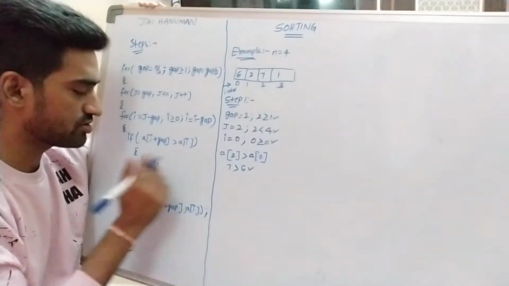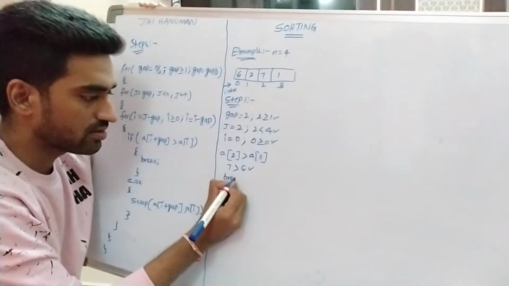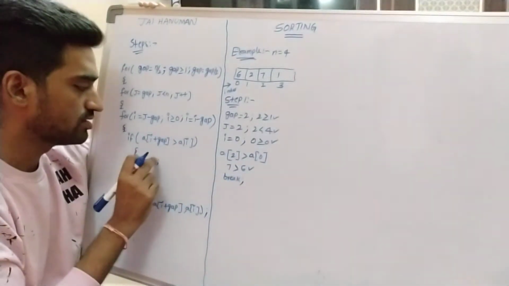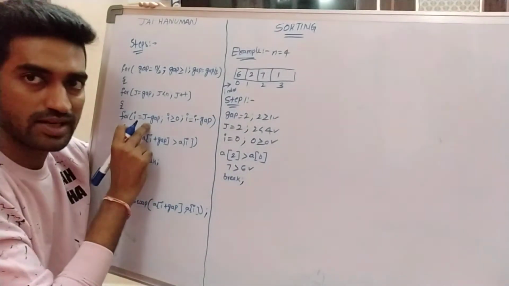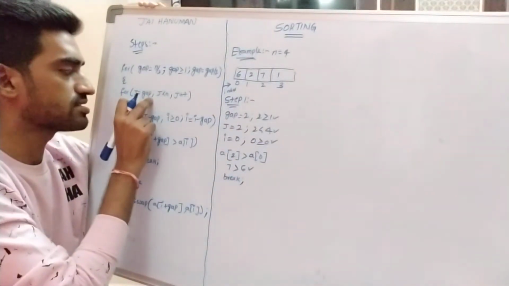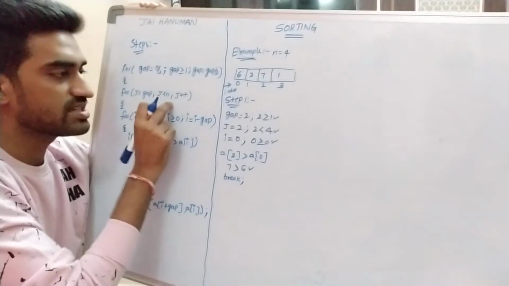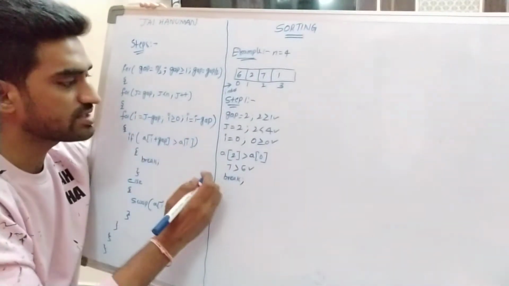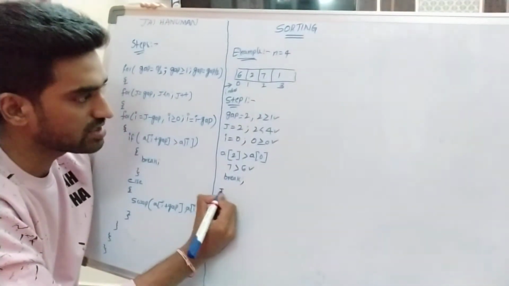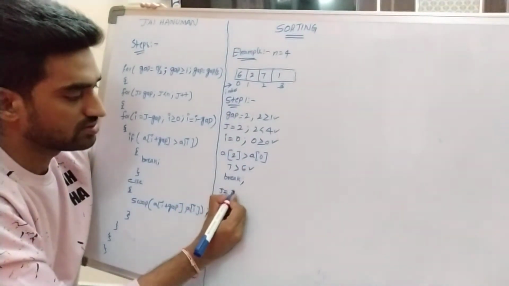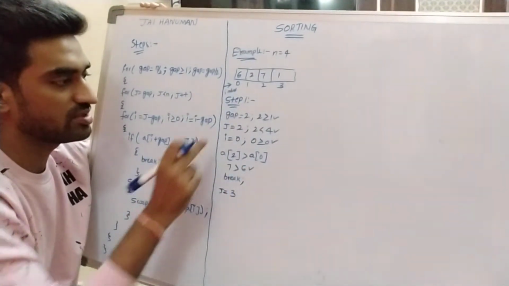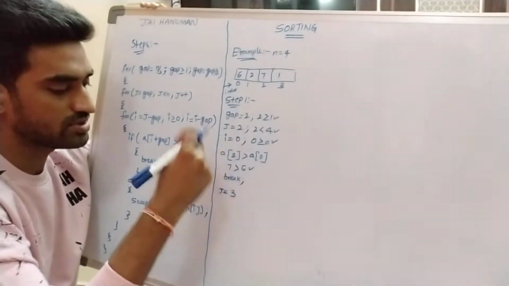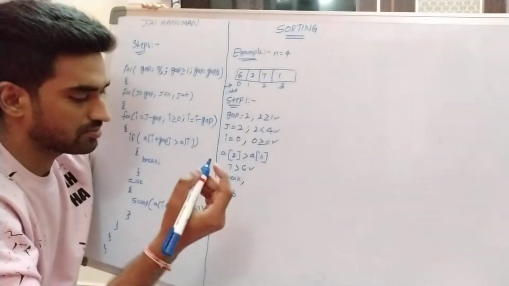Once this condition becomes true, we perform break. Once break is encountered, we immediately terminate this loop and control moves to the outer loop. Then j is incremented by 1. Previously the j value was 2, now j becomes 3.